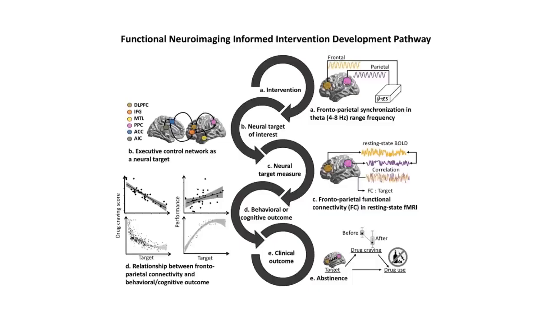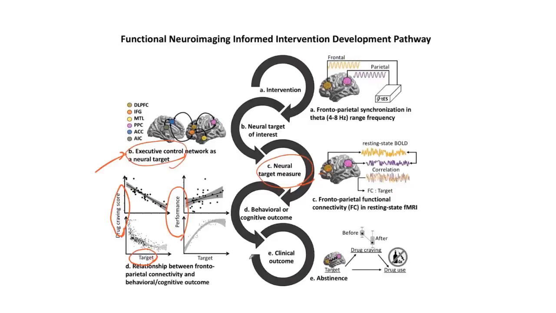And the idea that we have right now is using the frontoparietal synchronization and targeting the executive control network, and within the executive control network, defining a specific neural target measure, how we are measuring the connectivity between these areas. Then we are hopeful that if we change this connectivity, this target would be related to craving or performance of these people.